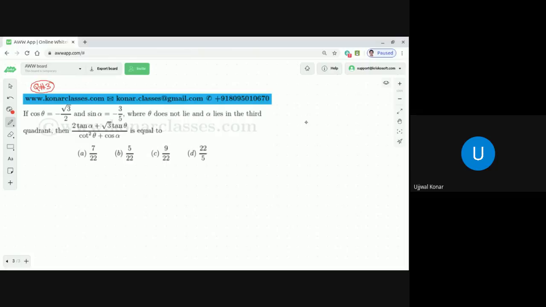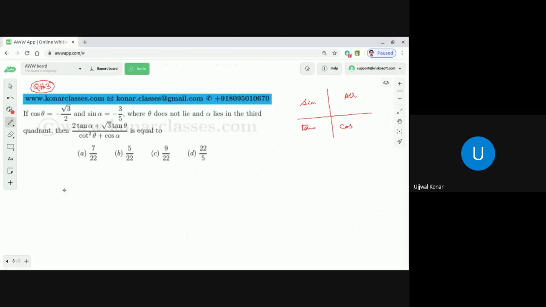So how are you approaching, dear students? Here the quadrant is very important. Having the fundamental understanding about the quadrant, all sine, tan, and cos, is very important.